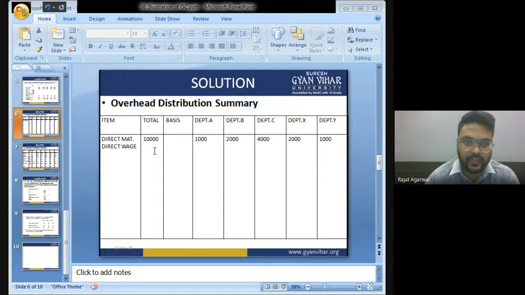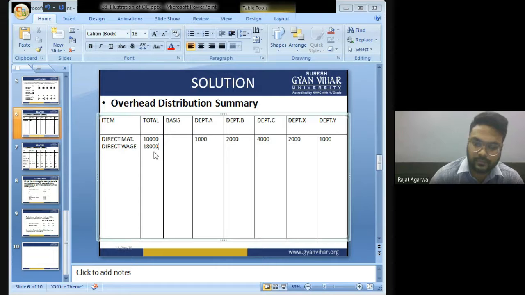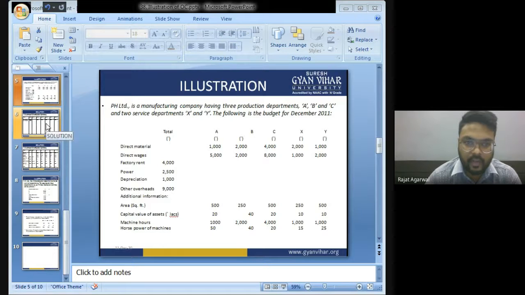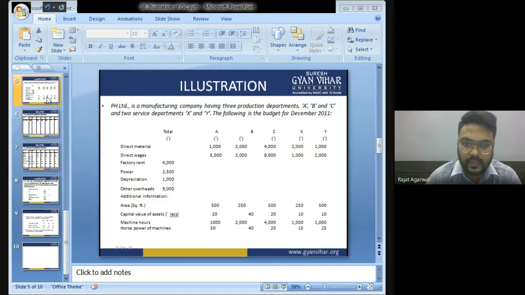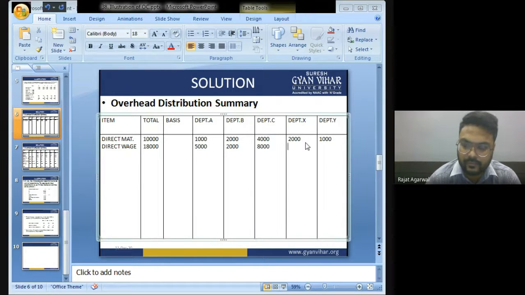So total is 18,000. It is already distributed: 5,000, 2,000, 8,000, then 1,000 and 2,000.